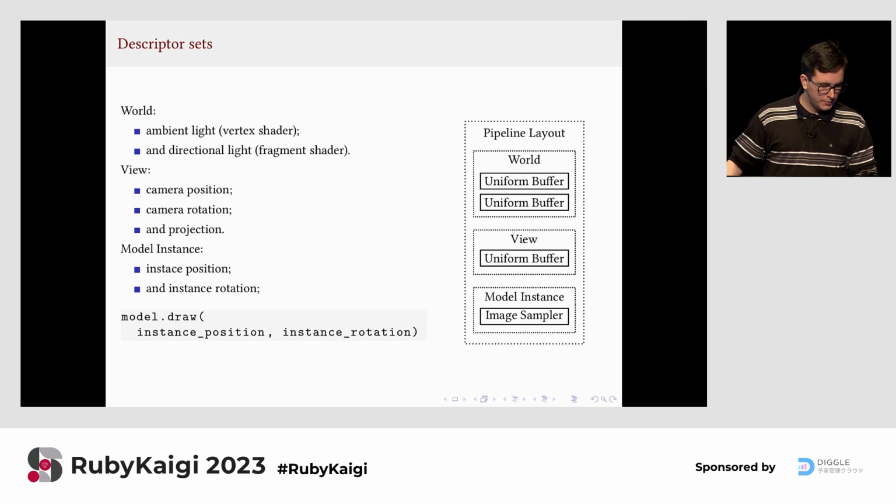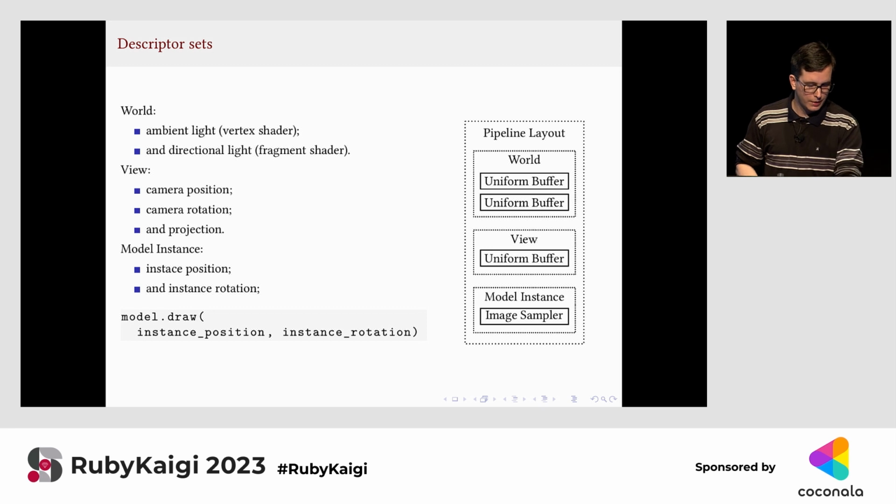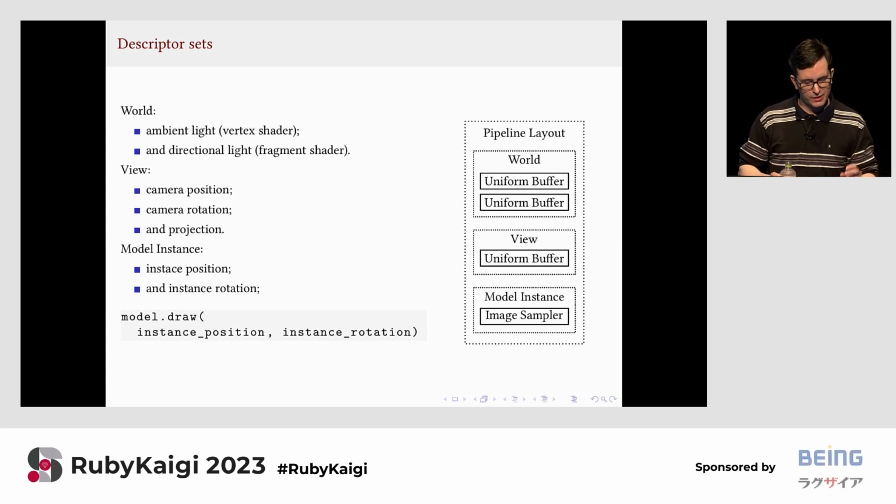Every graphic pipeline has a different layout. The layout explains to the graphic pipeline which kind of data is going to be attached to it. It's divided into several different descriptor sets, so you can attach each data as needed.